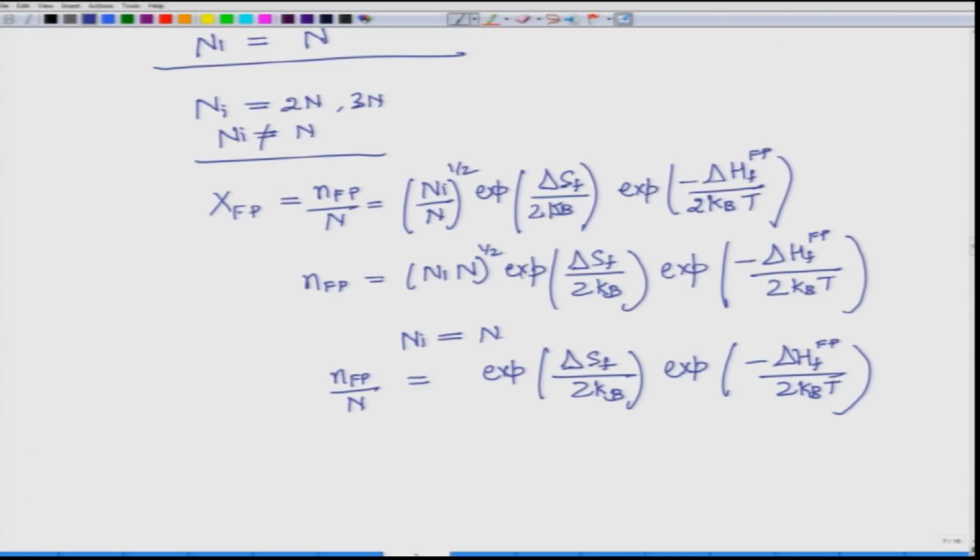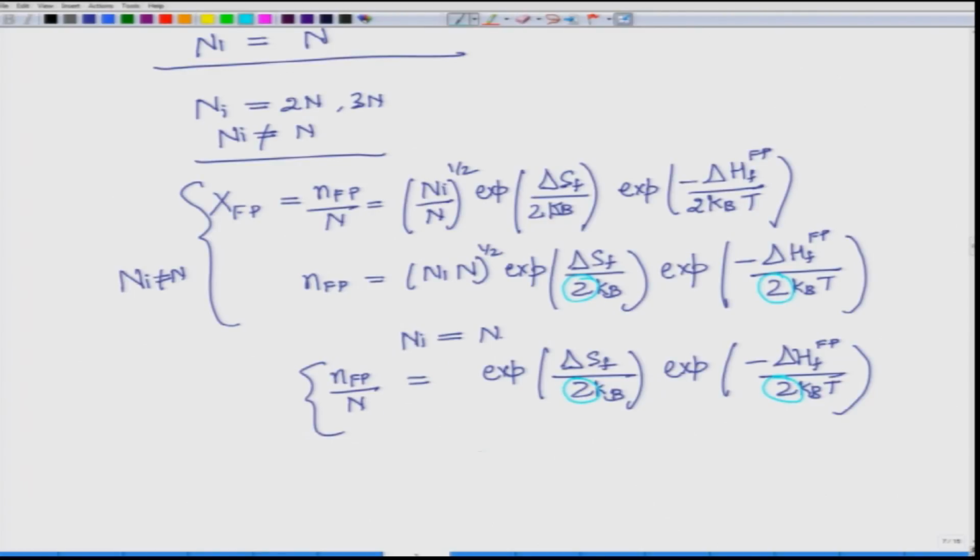When you have Ni not equal to n, these are the two relations for that, and when Ni is equal to n, then this is how the relation looks like. There is a Ni term when Ni is not equal to n, which is obvious, but what is another thing that you need to see, apart from Ni, the relation between Ni and n, is this factor 2. So, we see a factor 2 over here, and why does this factor 2 arise?